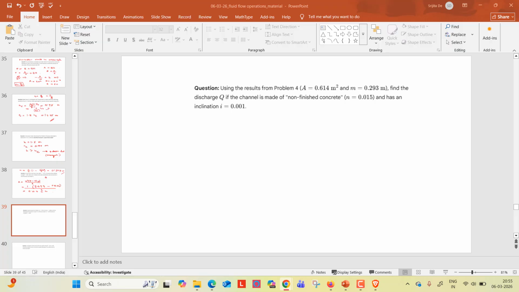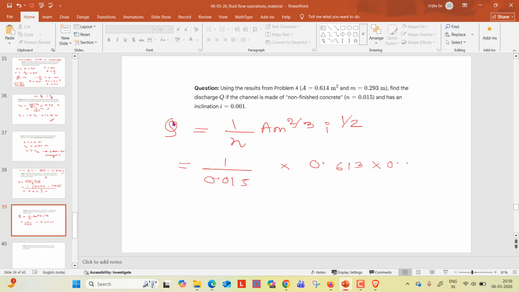So using Manning equation, we can find Q equals 1 by n A R to the power 2 by 3 S to the power half. n is given as 1 by 0.015. A we have calculated as 0.613 or 4, whatever it is. We are calculating 6.3 because we have got 6.3. 0.293 to the power 2/3 into 0.001 to the power 1/2.